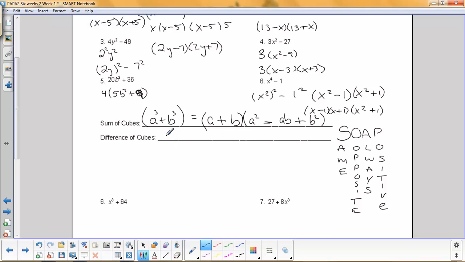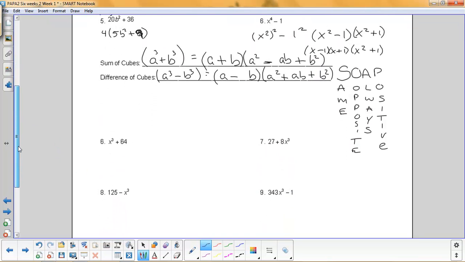The difference of cubes is the same with a minus sign between. Again, it's A and B, followed by A squared, AB and B squared. Same, opposite, always positive. Remember your SOAP and you'll never get these problems wrong.